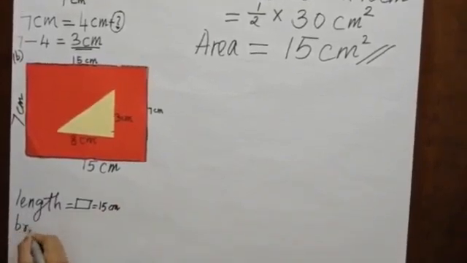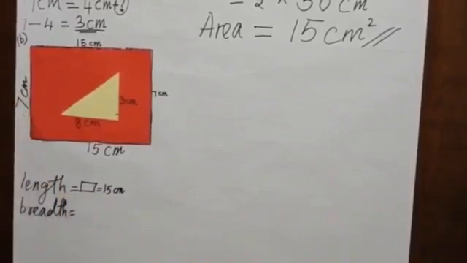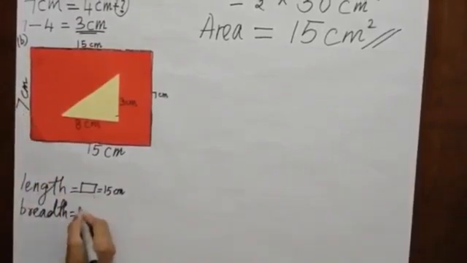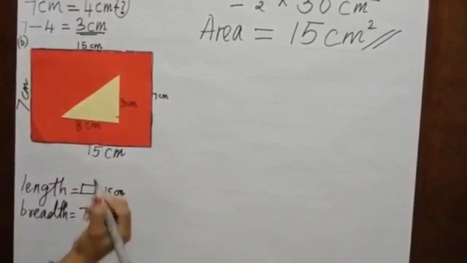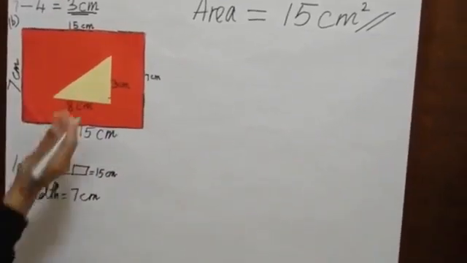Breadth is equal to 7 centimeter. Now next move to the inside part, which one is not shaded. So here 8 centimeter and 3 centimeter.